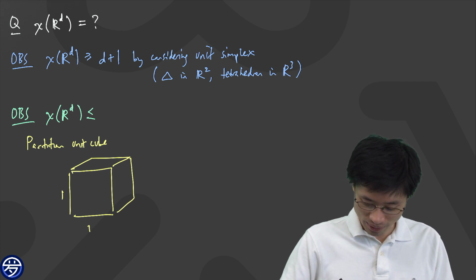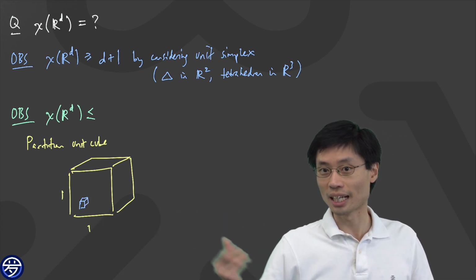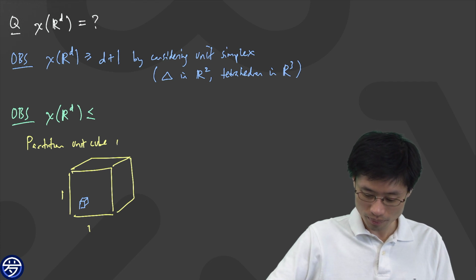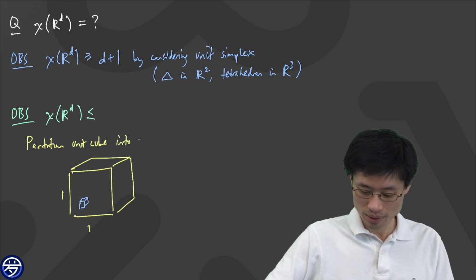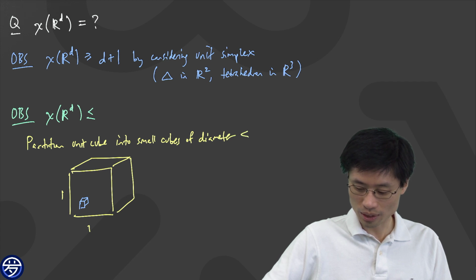Okay, so we'll take this unit cube, and it happens to be partitioned into lots of tiny cubes where each tiny cube has a diameter strictly less than 1.